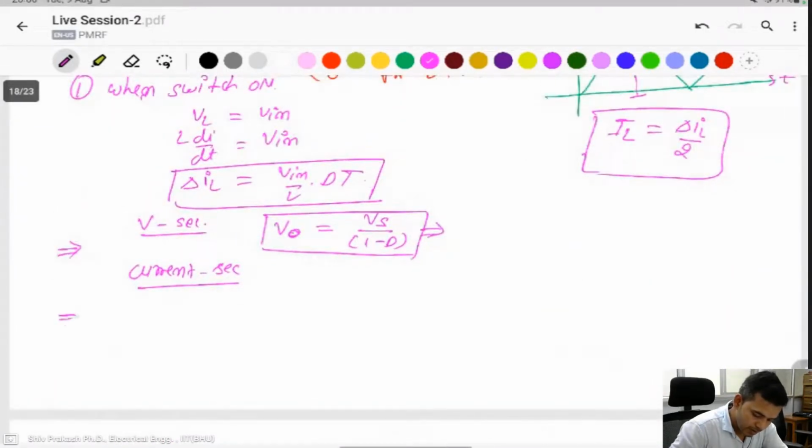And take here IC T on plus IC T off is equal to 0.